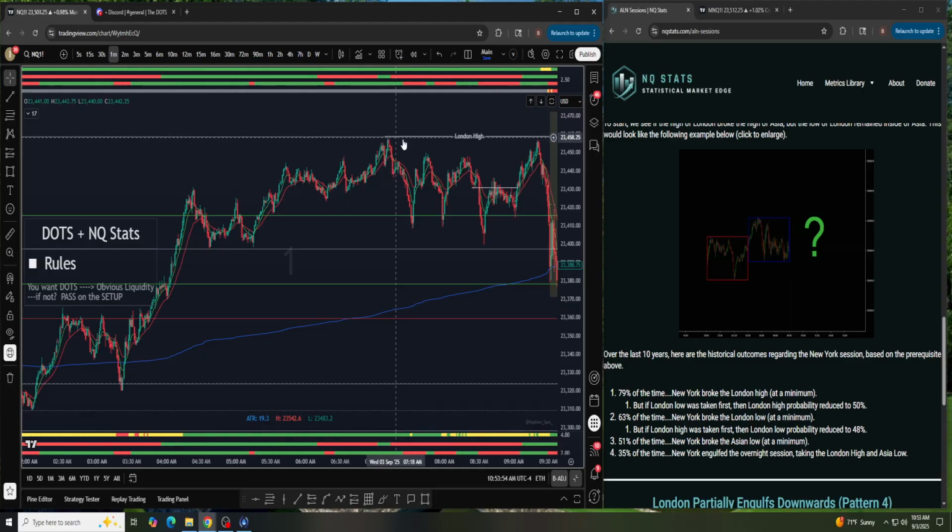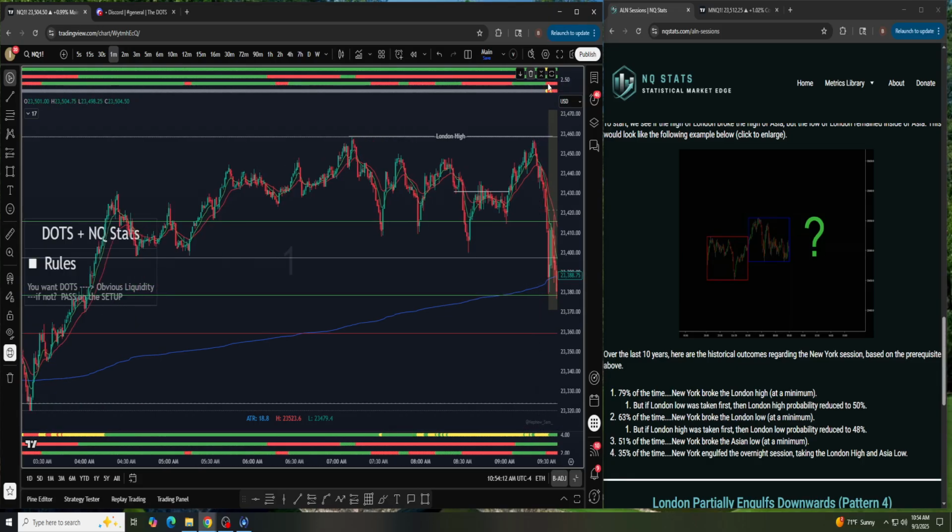Coming into the day, this is what price looked like. London high was here, where my little mouse is. I wanted to take Dots setups, which is my momentum indicator. I want green dots to London high.